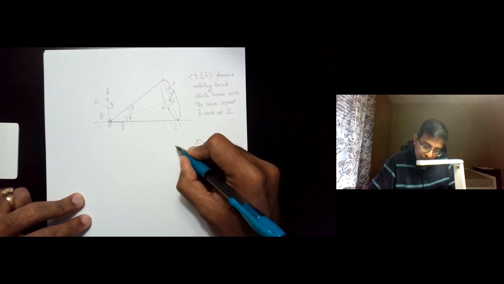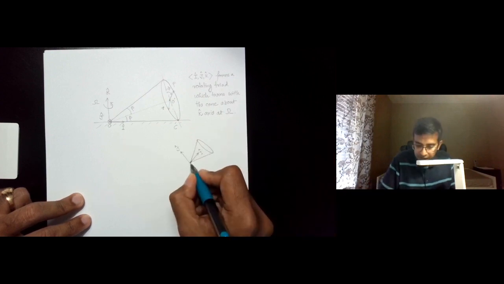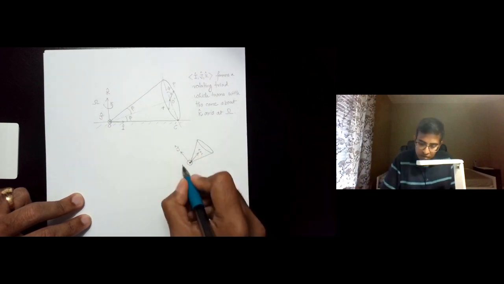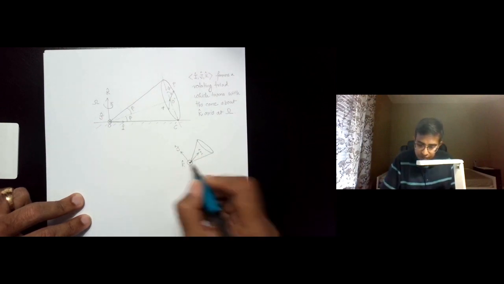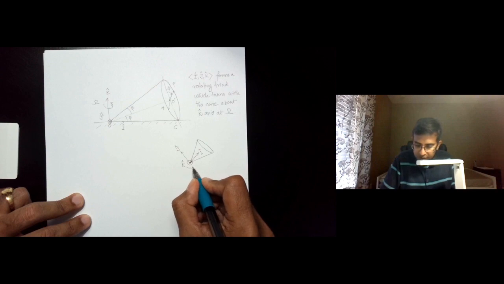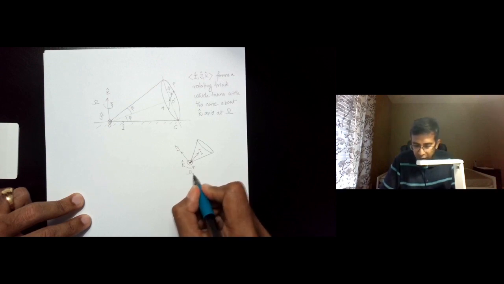J would be directed this way, and K would be directed out of the page, and the cone is turning with an angular velocity of omega.